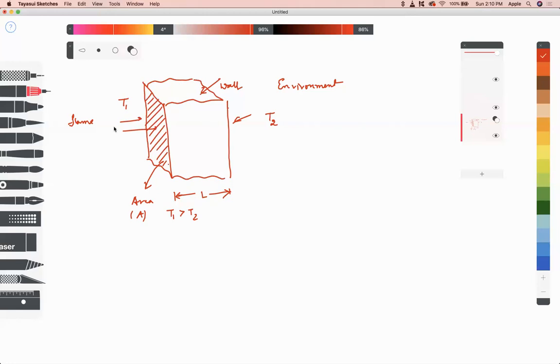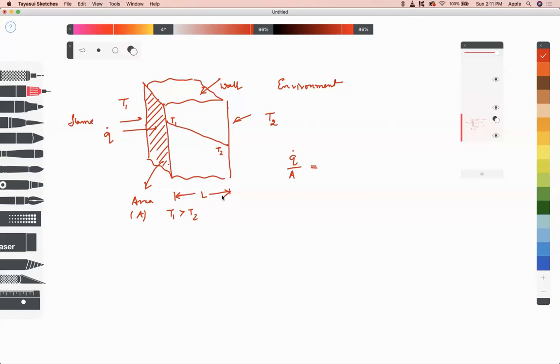Now we are giving a certain amount of heat, let's call this Q dot. So the heat flux on this wall will be Q dot by A, and is equal to the temperature gradient. See, temperature is decreasing from T1 to T2, correct?